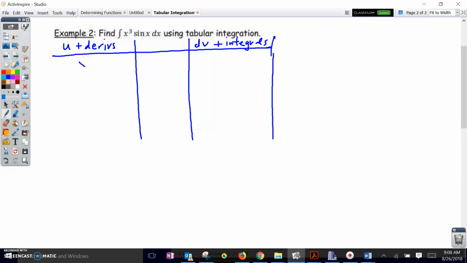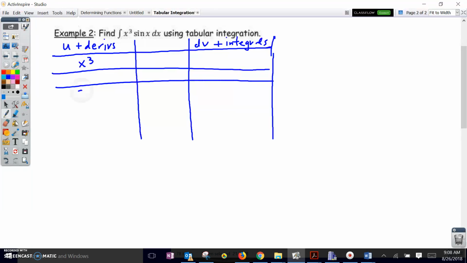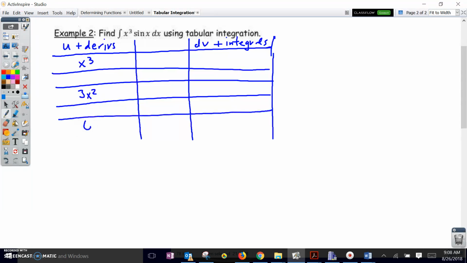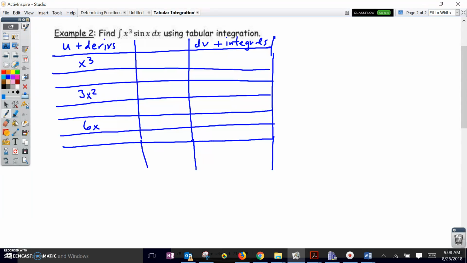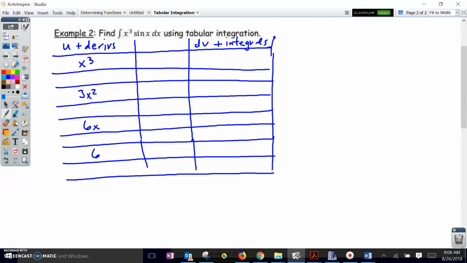Okay, so u is going to be x to the 3rd, and then the blank, and the derivative of that is 3x squared, leave the blank, derivative of that is 6x, and leave the blank, derivative of that is 6, and leave the blank, and the derivative of 6 is 0.